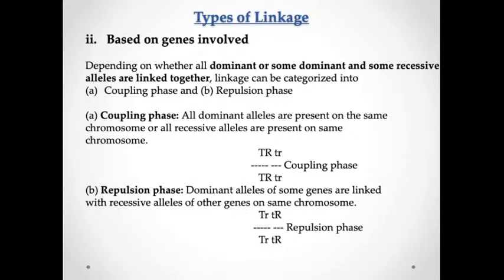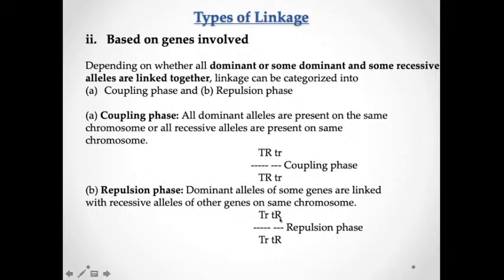Then, based on the genes involved, there could be coupling phase or repulsion phase. In coupling phase, all the dominant alleles are present on the same chromosome, or all the recessive alleles are present on the same chromosome. So that is your coupling phase. But in the repulsion case, dominant alleles of some genes are linked with recessive alleles on the same chromosome.